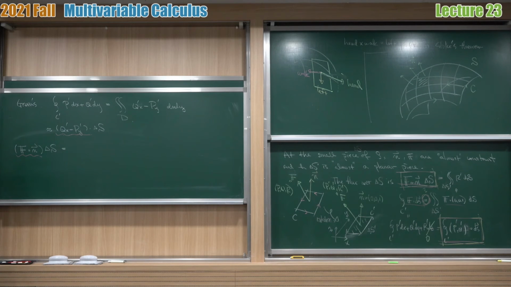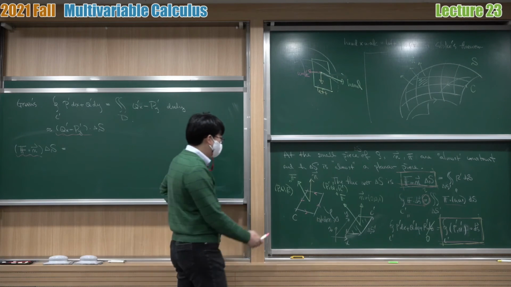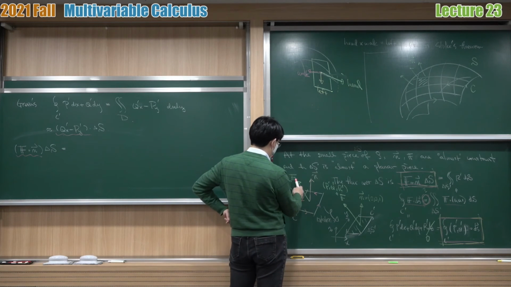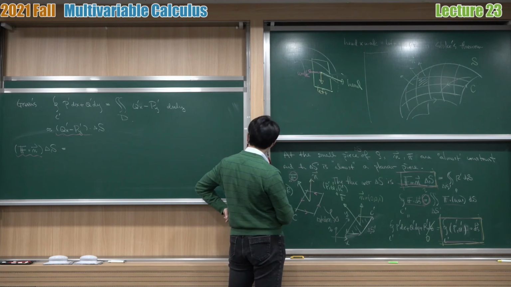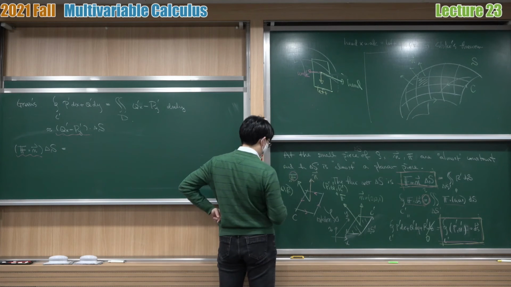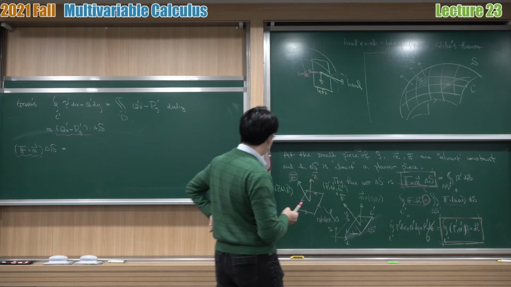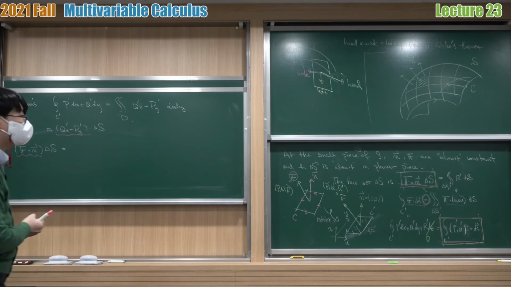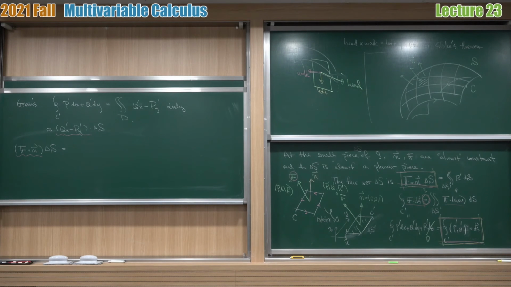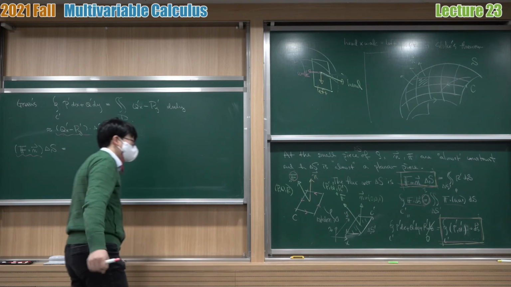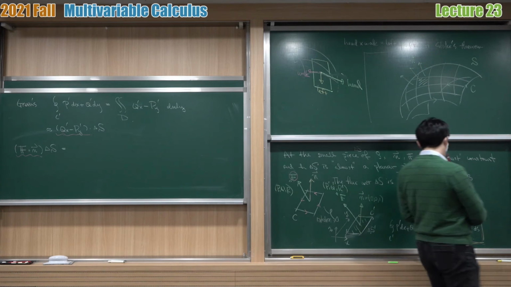What I'm worrying about is that I'm taking an n-directional component of the vector field, okay? N-directional vector component. Sorry, I made a mistake here.